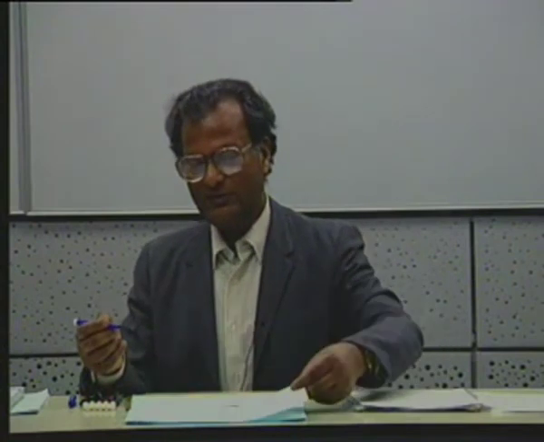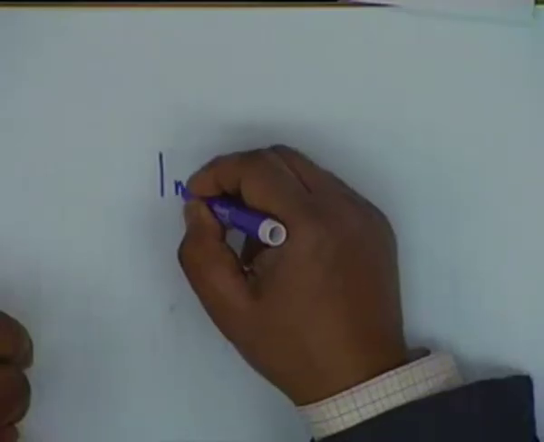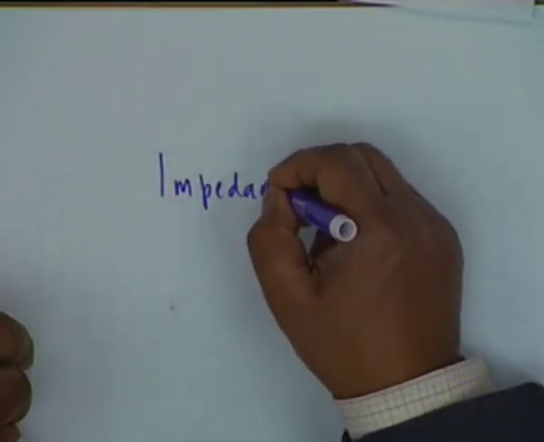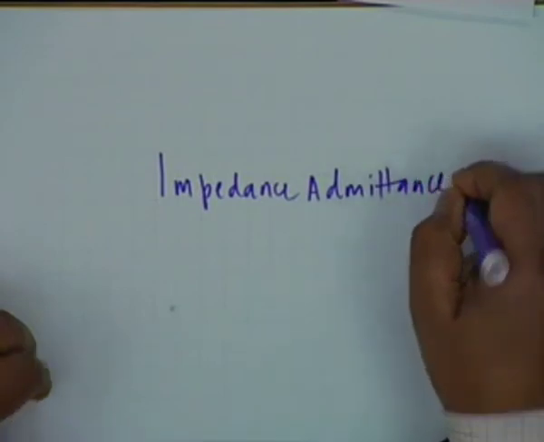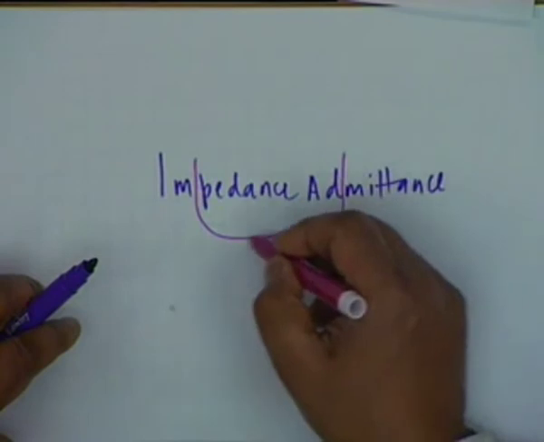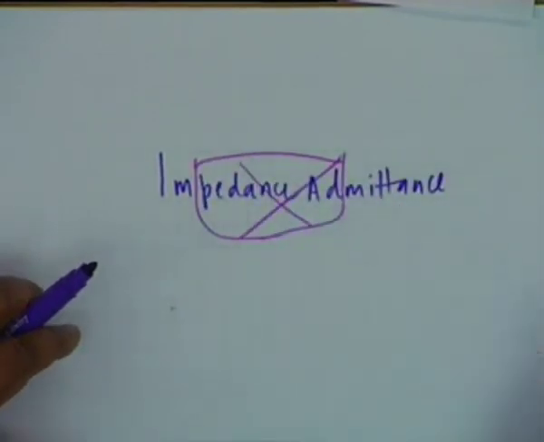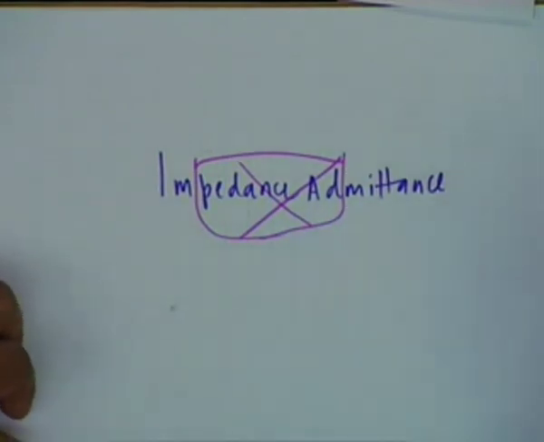Did I tell you the common name for impedance and admittance? Immittance. And this is derived like this: impedance, admittance. What we do is we eat away a part of it. This part is eaten away. So if we want to say transfer impedance or admittance, we will say transfer immittance, or driving point immittance.